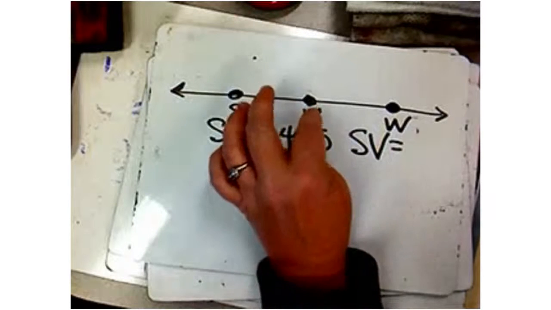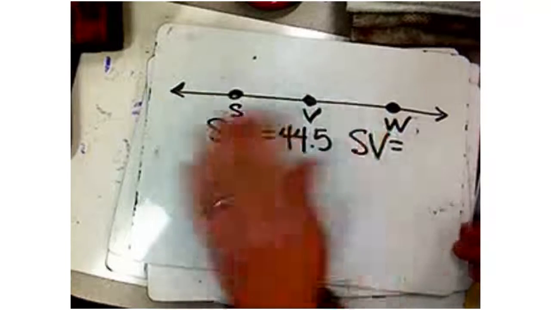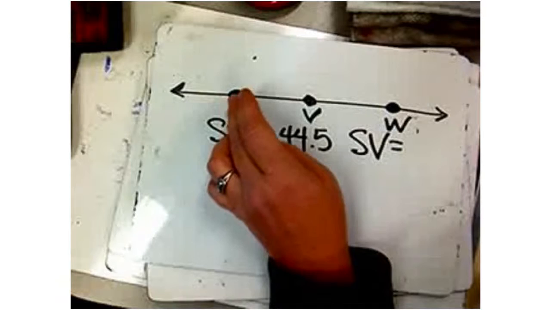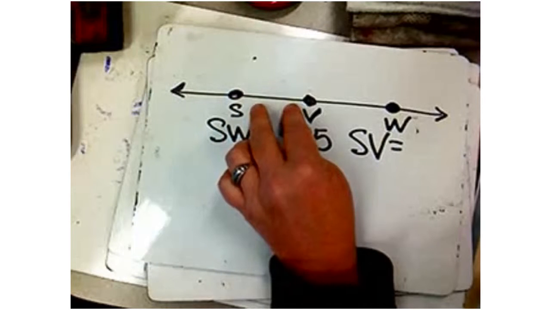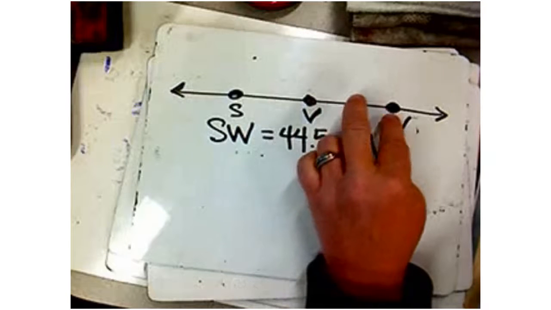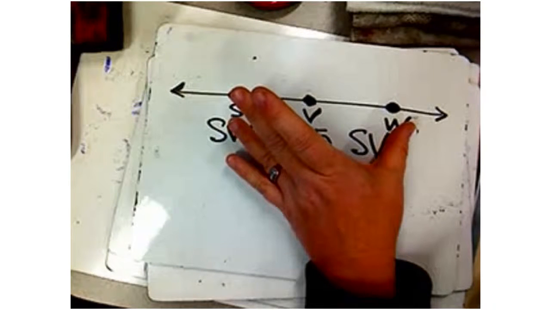So just using your drawing, you can create the equation without even thinking about the numbers. You can go, oh, if I take SV and I add it to VW, that's going to equal SW, isn't it?